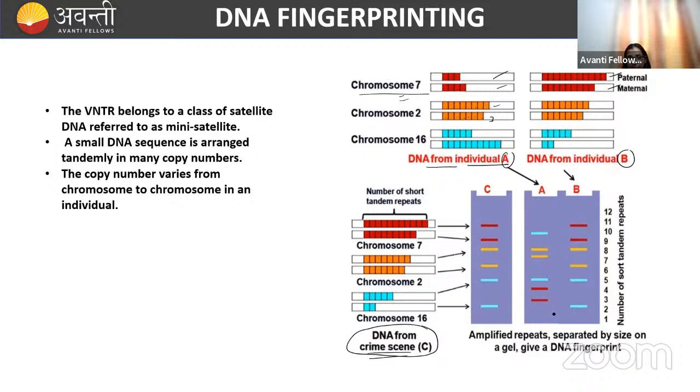When they carried out the gel electrophoresis, they see that this DNA, which is the DNA of the suspect, is similar to the DNA of individual B. Because every individual has a different DNA, we can easily make out from this figure that the DNA obtained from the crime scene is matching with the DNA of individual B. So that means individual B is the suspect.